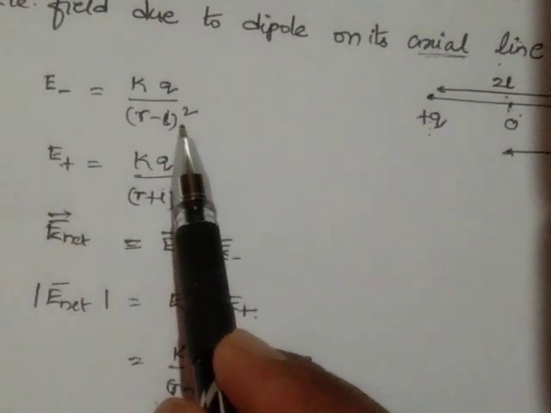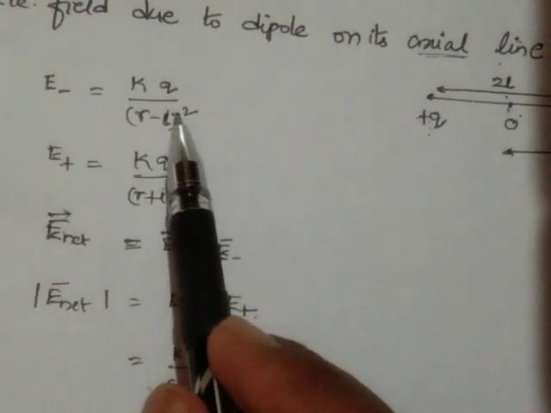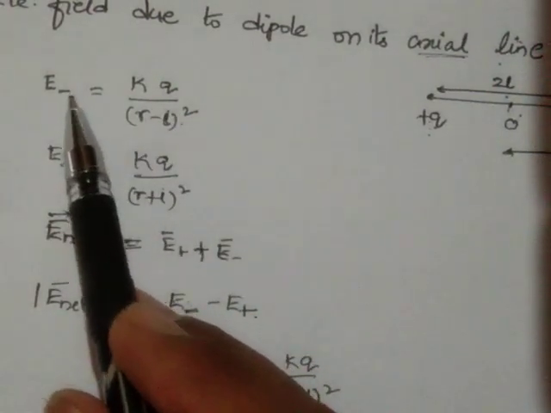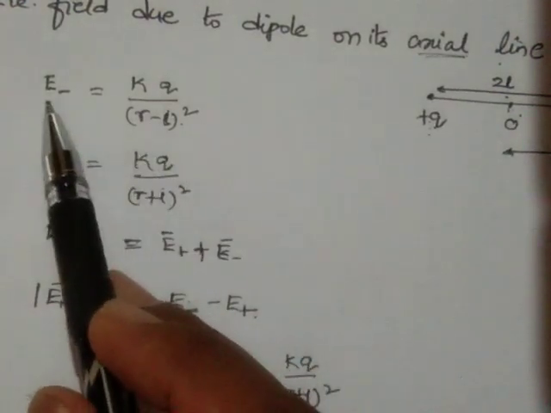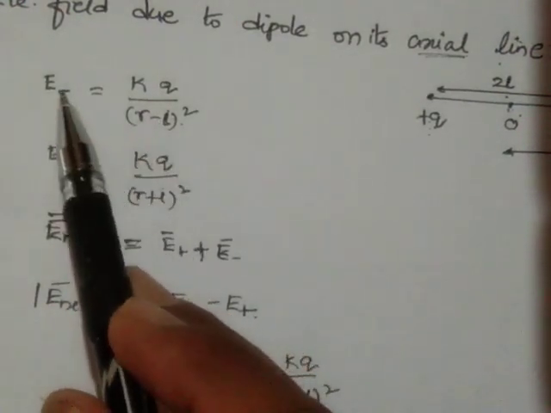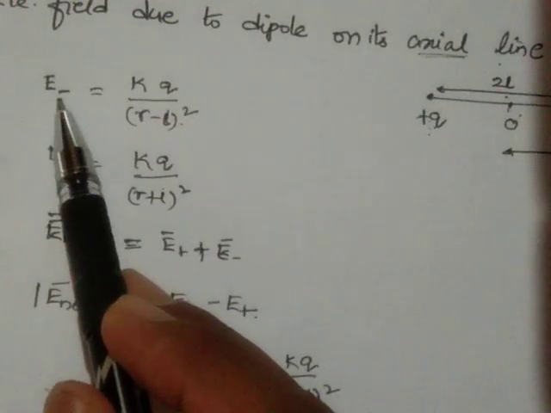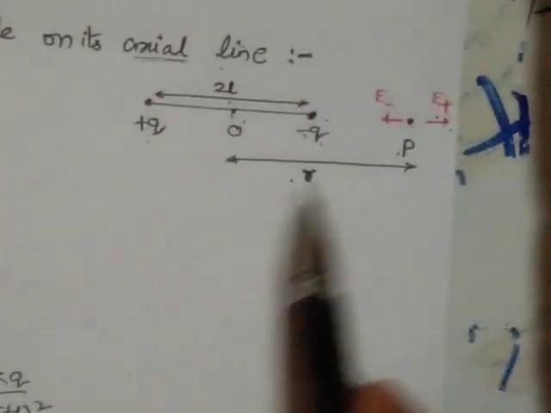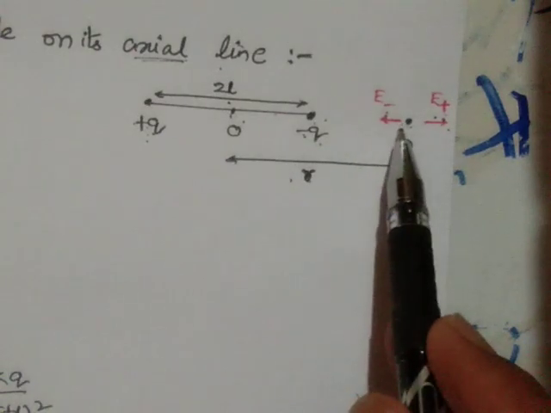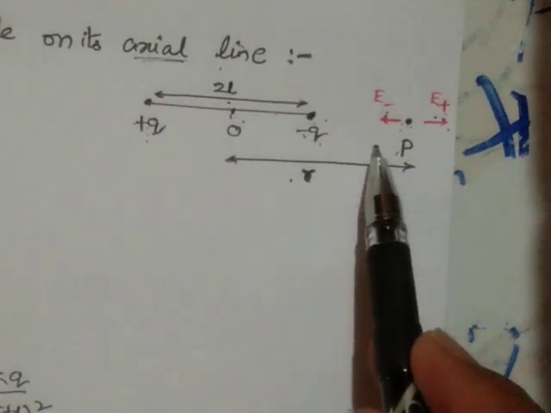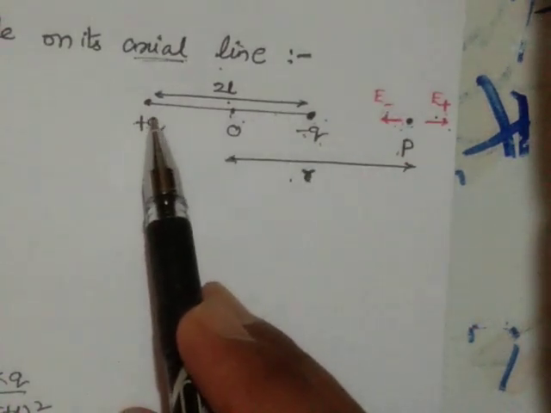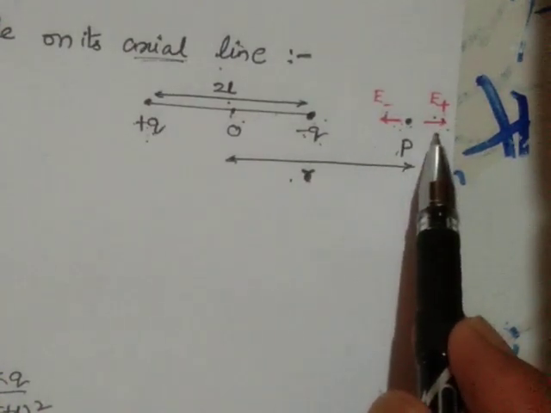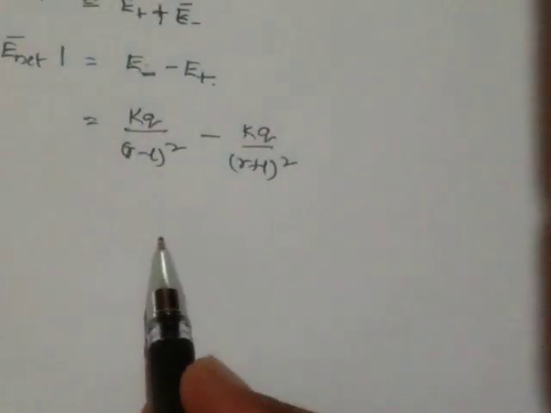Whenever r increases, intensity decreases, and whenever r decreases, intensity increases. Here the negative charge is nearer to point P, so r is less and E is obviously more. Where r is more, E is less. That's why I take E minus first and then E plus.